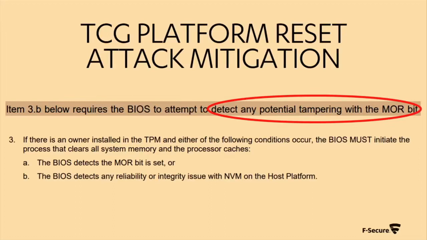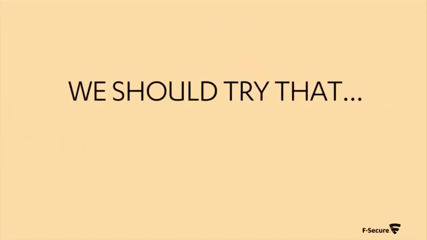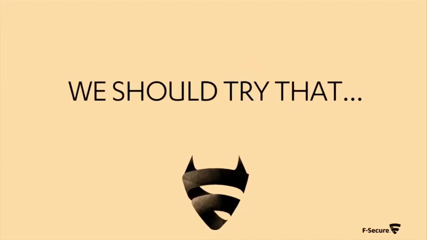But this is an informative comment in a specification, so it's actually not required to be implemented, even though it says required. The normative text also says that it should detect, but it's not as clear. And so, of course, we need to check that it's actually doing that.